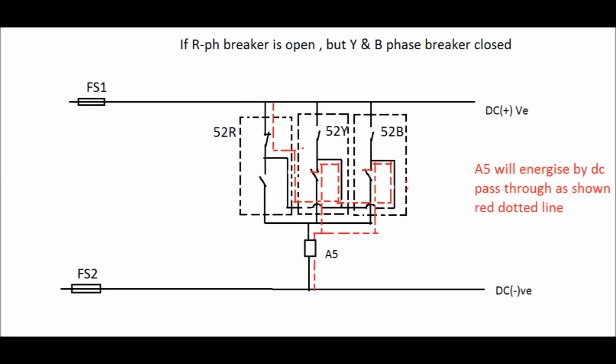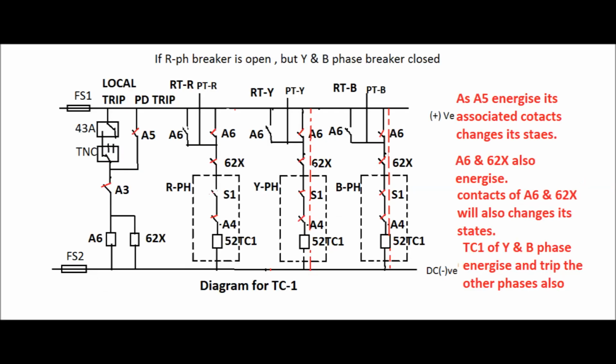Now, as the R phase breaker pole is open but the Y and B phase breakers are closed, the A5 relay will be energized as shown in this diagram by the red dotted line. Now if the R phase breaker is open, as the A5 relay is energized, the other trip circuits, that is TC1 of Y and B phase, will be energized as shown in this diagram by the red dotted line.